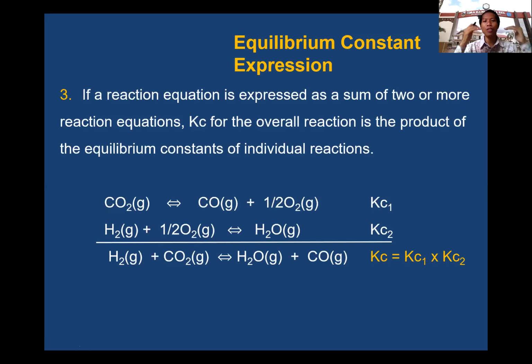Even though you sum the reactions, the Kc will be multiplied. As you can see, the new Kc will be the multiplication of Kc1 times Kc2 when you sum these reactions. It's quite different from the delta H.